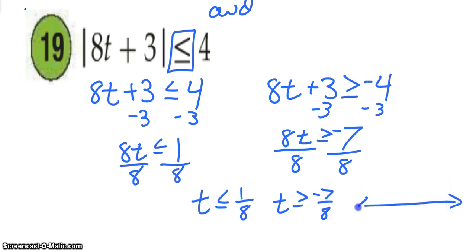So if I draw that for myself to make sure that there's not a no solution situation, I've got 1/8 here, -7/8 here. I want to go this direction for the -7/8, and this direction for the 1/8. So it's everything in here with closed circles on each of these.